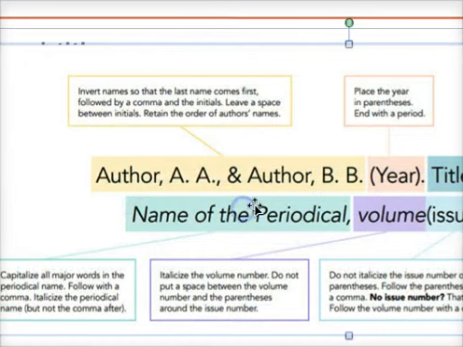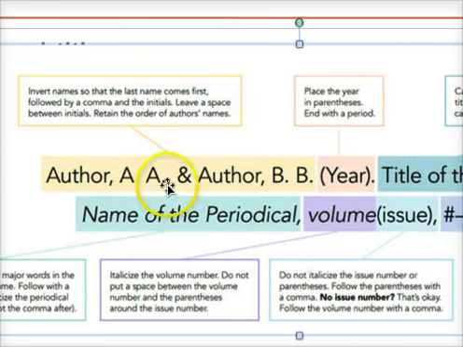So if you have a journal article, you need to first include the author's names. In this case, the names are inverted, so it's the author's last name that comes first, and then their first and middle initial of their first name and their middle name. And then if you have more than one, you can use the and sign to show two authors.